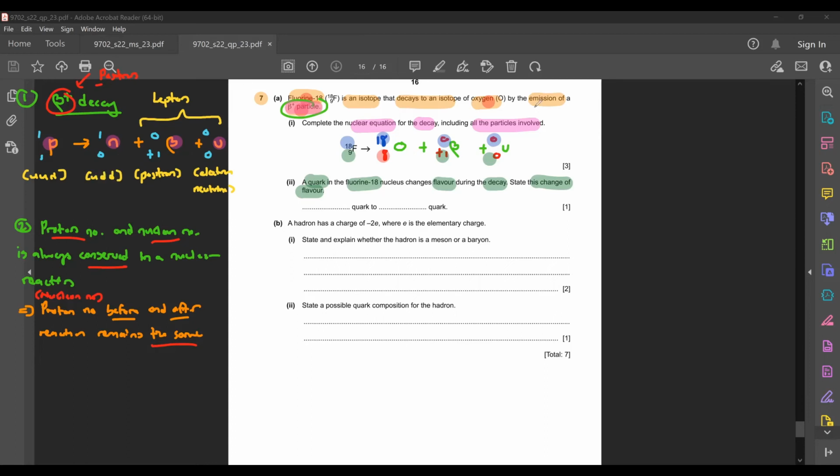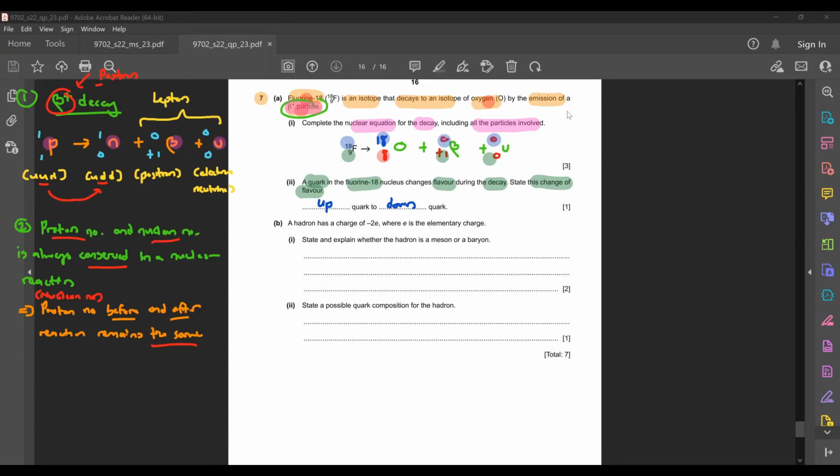What has actually changed here is that you will see that one of your up quarks has actually changed to a down quark. So your answer here would actually be up quark to down quark. Okay, so that is for part 2.